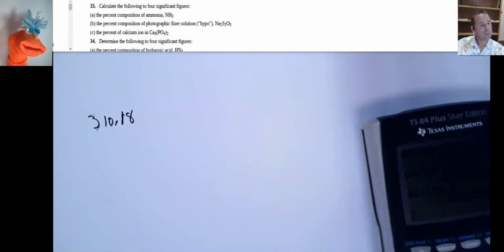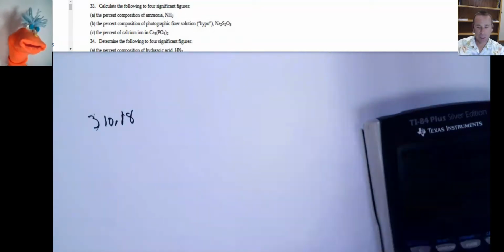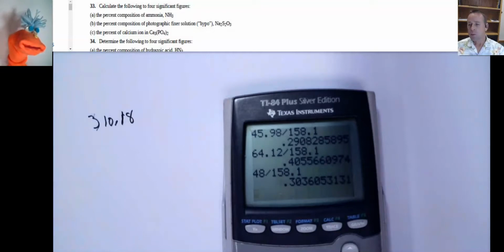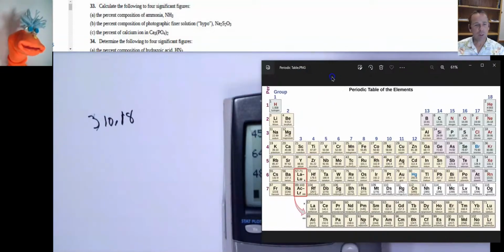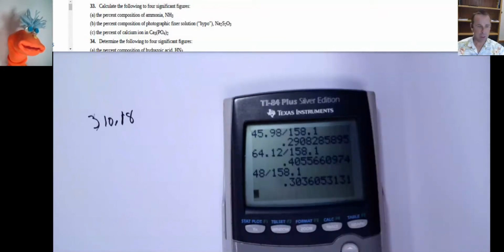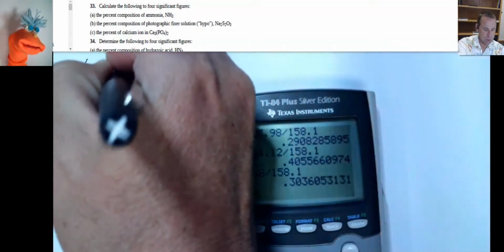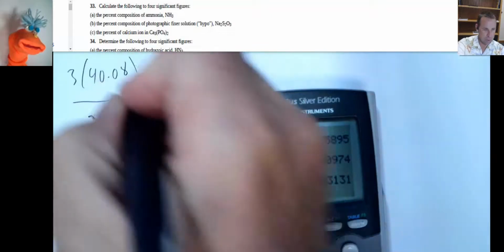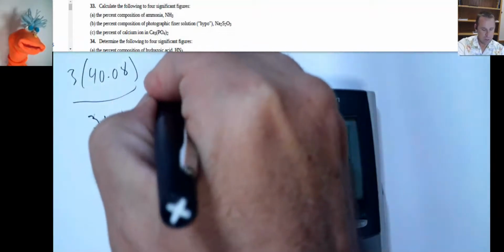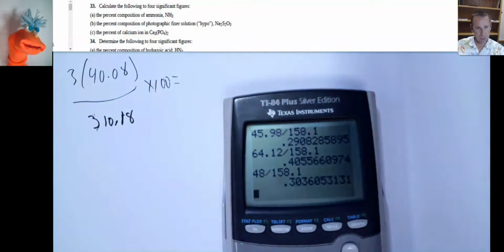Okay, 310.18, and then calcium, 3 calciums. Calcium has a molar mass of 40.08. So 3 times 40.08, that over our total mass times 100 will give us our mass percent.